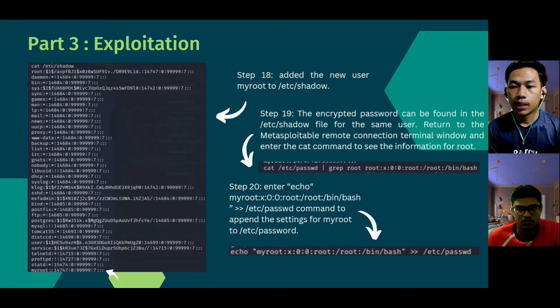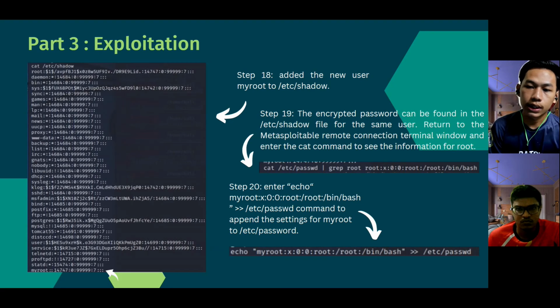And for step 19, the encrypted password can be found in the /etc/shadow file for the same user. Go to the Metasploit remote connection terminal window and enter the cat command to see the information.